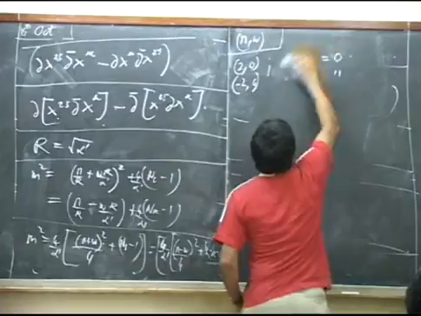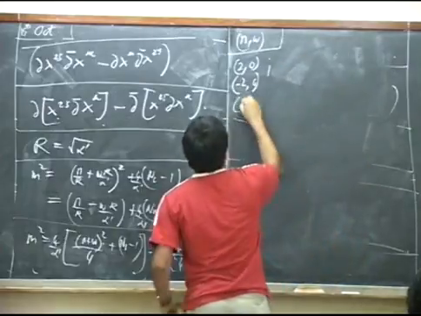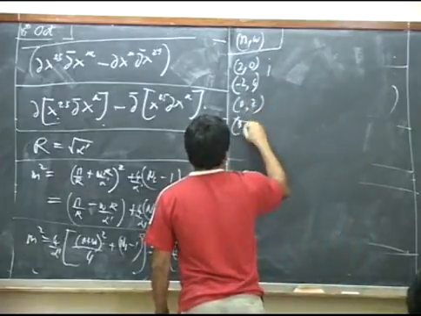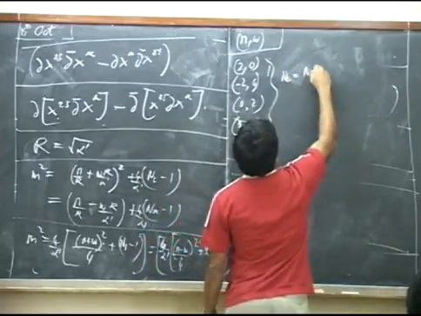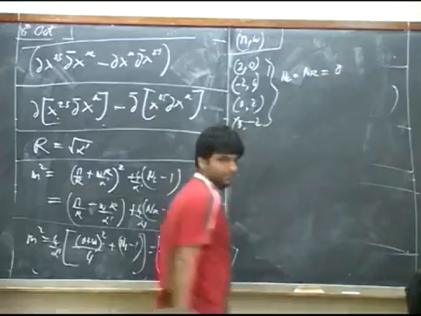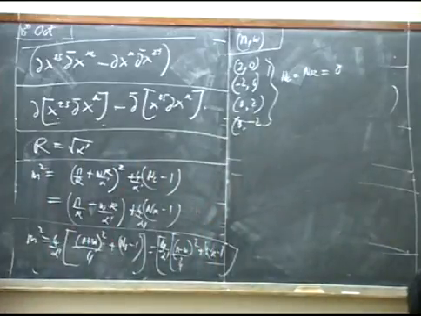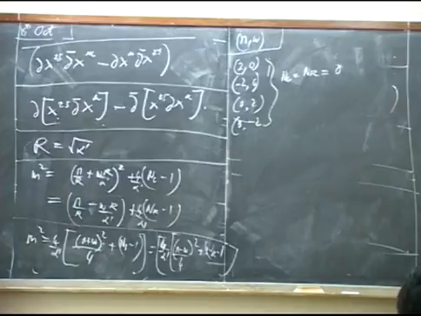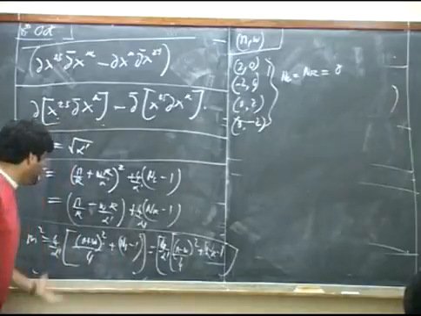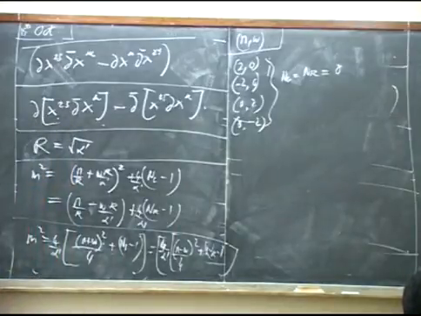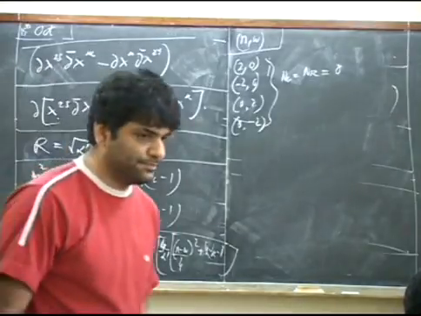Let's put this in the bracket: 0, 2, and 0. Each of them with NL equal to NR equal to 2. Okay? And that's it for massless particles with both NL and NR equal.